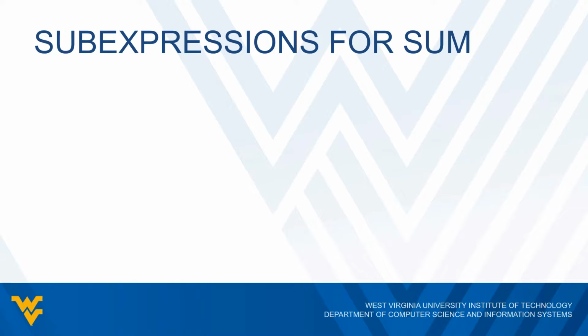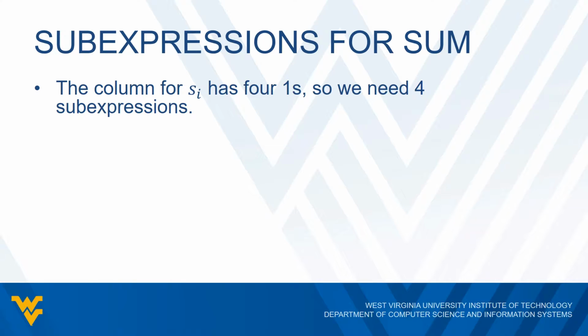Let's now get the sub-expressions for the sum column. You may need to go back, but there were 4 different ones in that column, which means we're going to need 4 sub-expressions to handle those. I'll just save the steps for you, but if we use the techniques we talked about before, where if we have a 1, we leave it alone, and if there are any zeros, we use the not operator to turn those zeros into ones, we would get the following sub-expressions.